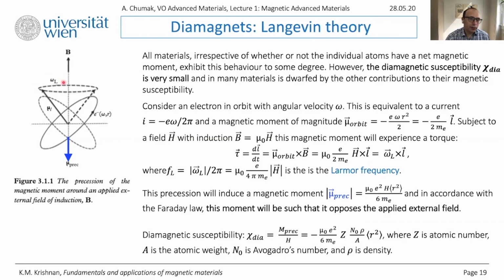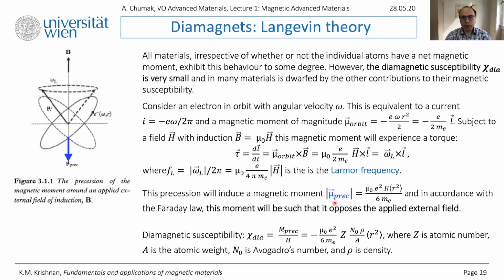So if your magnetic induction is pointing up, like it's shown in this figure, the new magnetic moment associated with the Larmor precession will be pointing in the opposite direction, like it's shown here. And this is the reason why the magnetic susceptibility of a diamagnet is negative, because mu is trying to point in the opposite direction to the applied magnetic field.